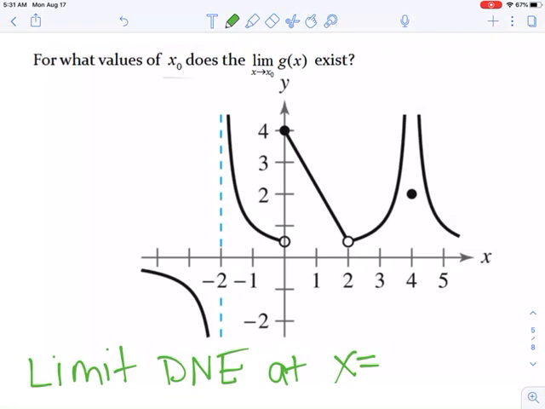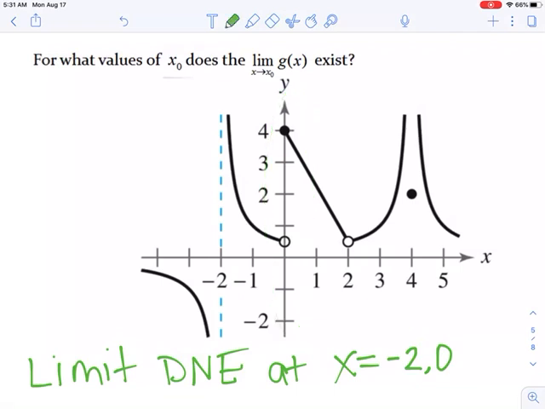So the first place that we have a limit that fails to exist is at x equals -2. You could describe this as either unbounded behavior or approaching different values from the right and left. The second place is at x equals 0 because the right and the left are approaching different values.